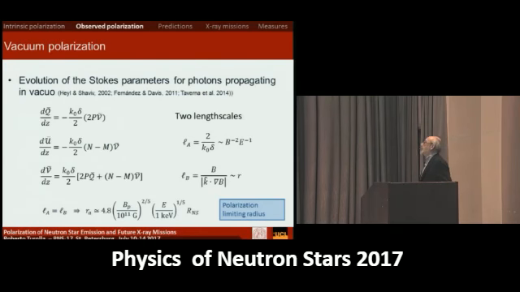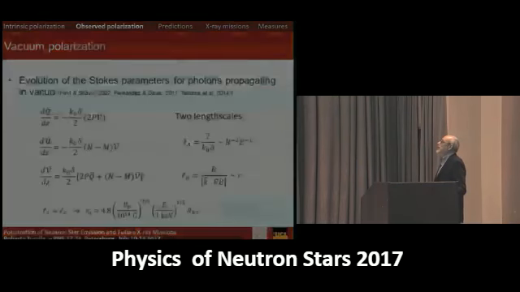It is called the polarization limiting radius or adiabatic radius. The condition L_A equal L_B, as I think is quite understandable, is a sort of divide for the way in which the Stokes parameters evolve in the magnetized vacuum.